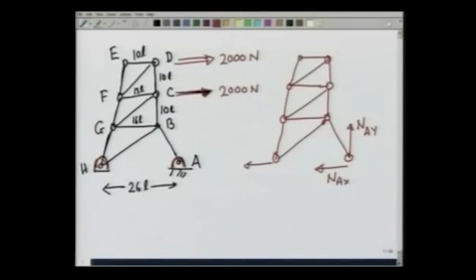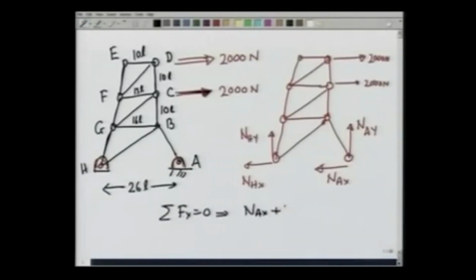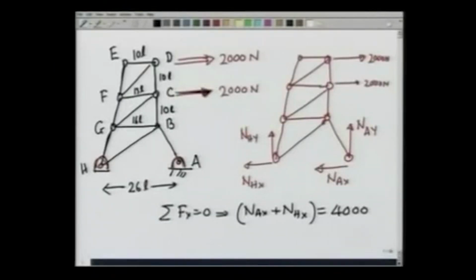Similarly, NHX is going to the left and NHY, and there is this load 2000 newtons, 2000 newtons. Then the summation Fx equals 0 gives me NAX plus NHX equals 4000. Notice that I cannot determine from this equation NAX or NHX separately.